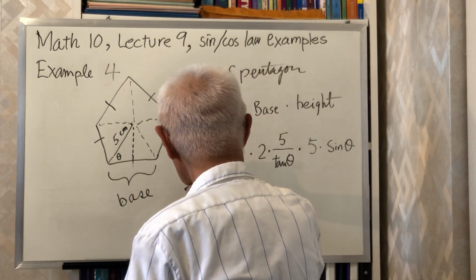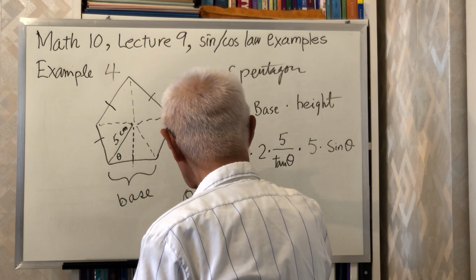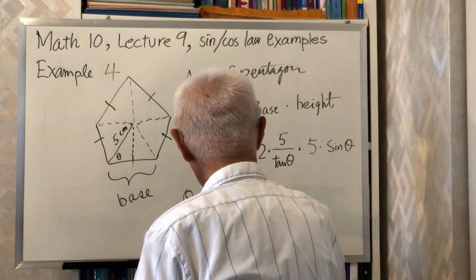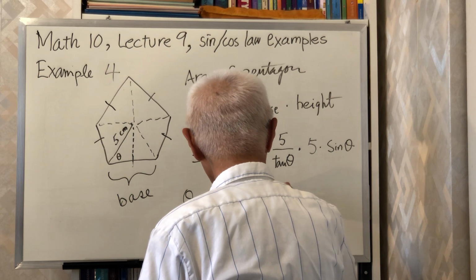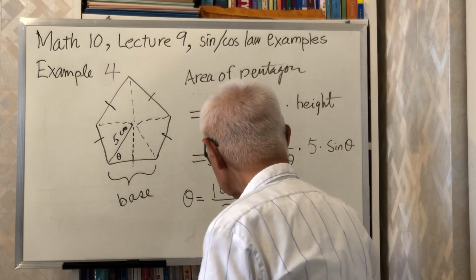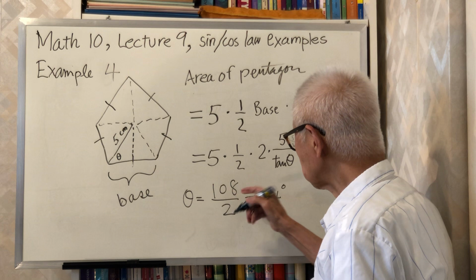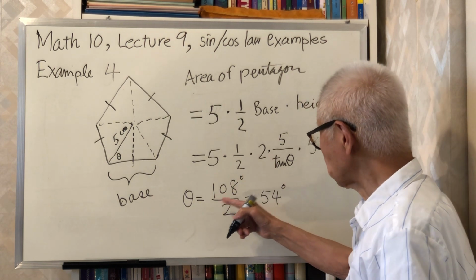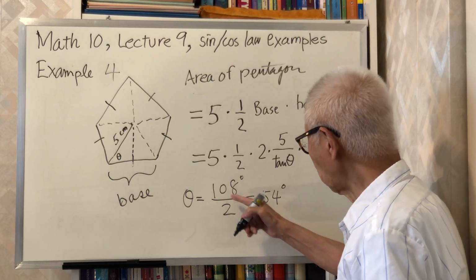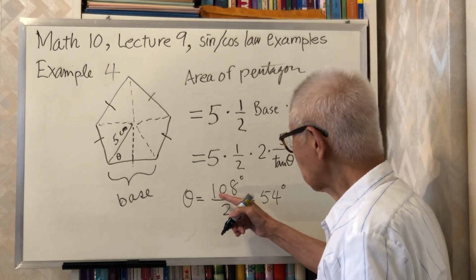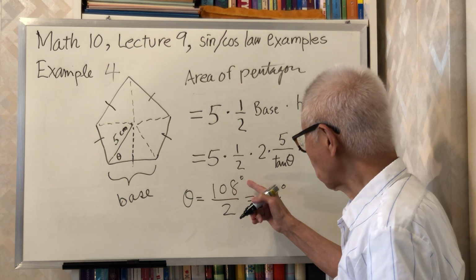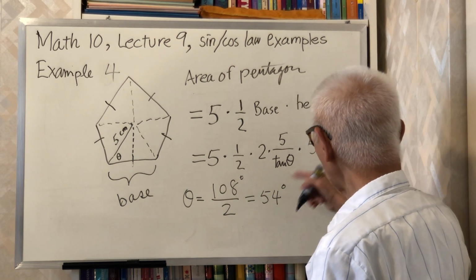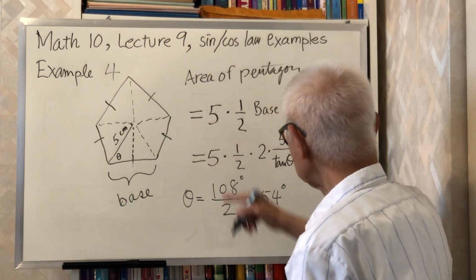Theta is 108 degrees divided by 2, which is 54 degrees. How do I know it is 108 degrees? I will give you the reason later on, but right now, let's accept this. So you replace the theta by 54, you get the area.